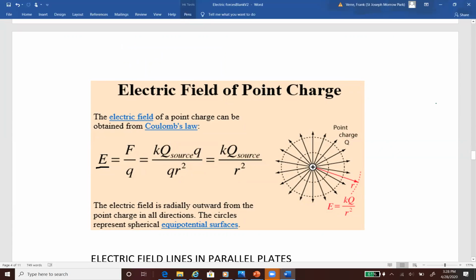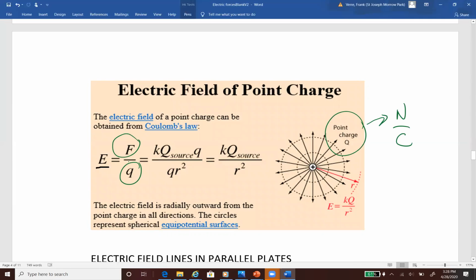So the electric field is defined as basically the amount of force per charge that a point charge generates. So the unit is going to be newtons per coulomb, because it's force per unit of charge. And from the previous calculation, force is K Q1 Q2 over R squared.